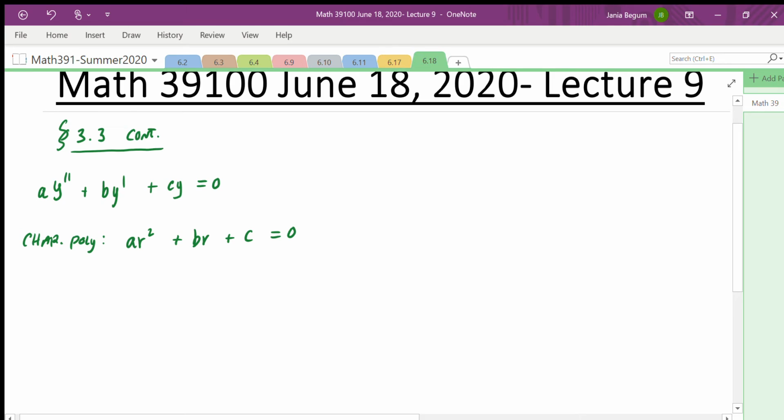So this is the case 3 that we're talking about. So r1 and r2, two roots, right? It's a second degree polynomial. It's going to be alpha plus and minus beta i.